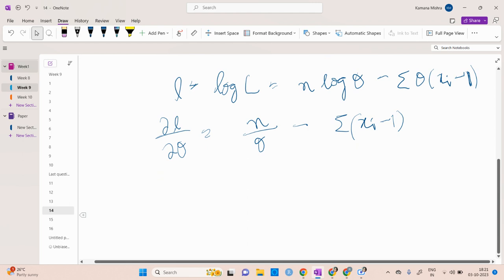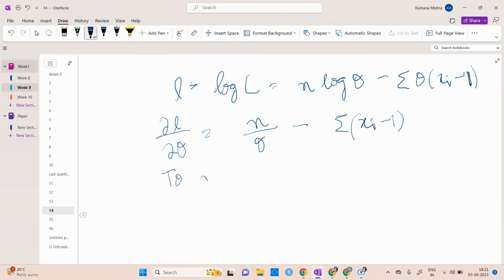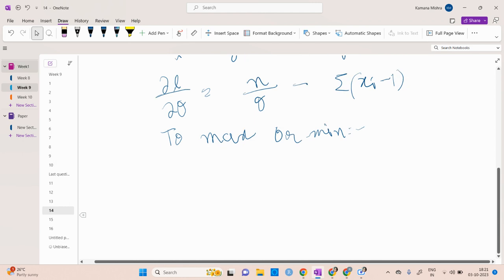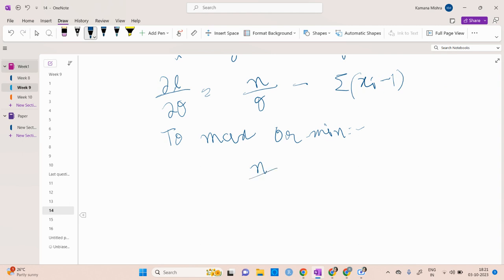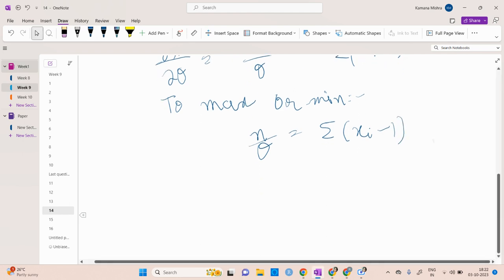Now to find the maximum, maximize or minimize, we always know that it can be maximum or minimum, right? So what we do is that we put it equal to 0. So n upon theta will be summation (xi minus 1).